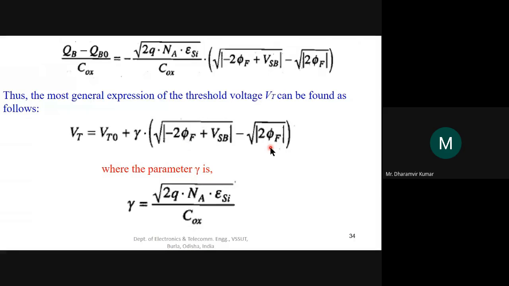This term differs from this term just by this amount VSB, so particularly the effect is only because of VSB. Minus under root 2 phi f gets cancelled out by this 2 phi f, and the only difference between these two terms is because of this VSB.